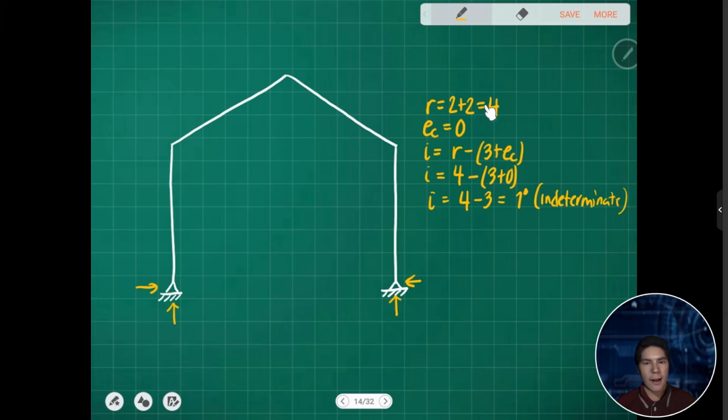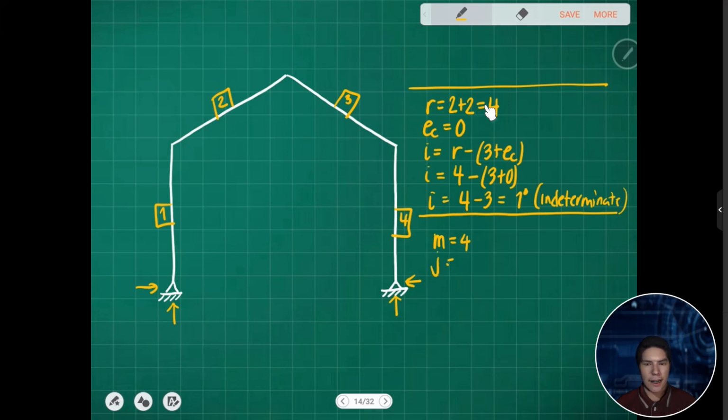Okay? So another way is, since this is considered also as frames, we can use the formula for 3m plus r minus 3j plus ec. So we count the number of members. Let's say we have 1, 2, 3, 4 members.